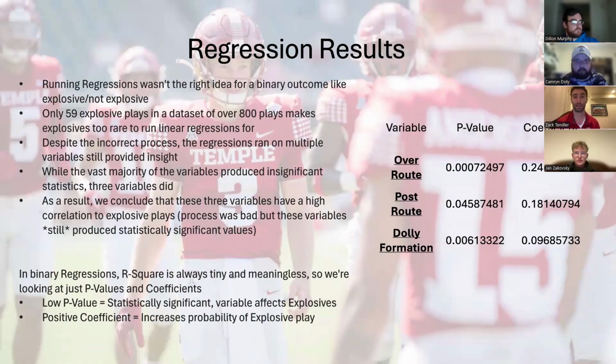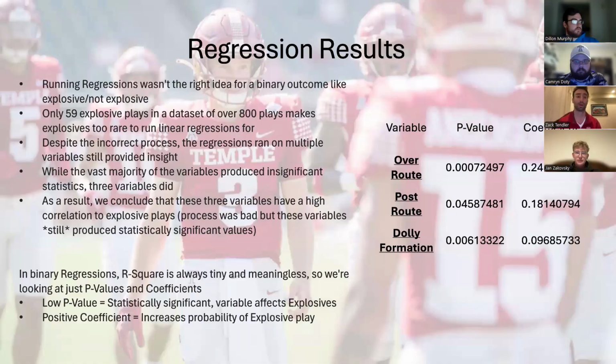With just 59 explosive plays in a data set of over 800 plays, it makes explosives basically too rare to run linear regressions for. So this was a situation where the process wasn't the greatest and might not be the most correct way to go about it, but it still nonetheless did give us some insights that we could glean from.